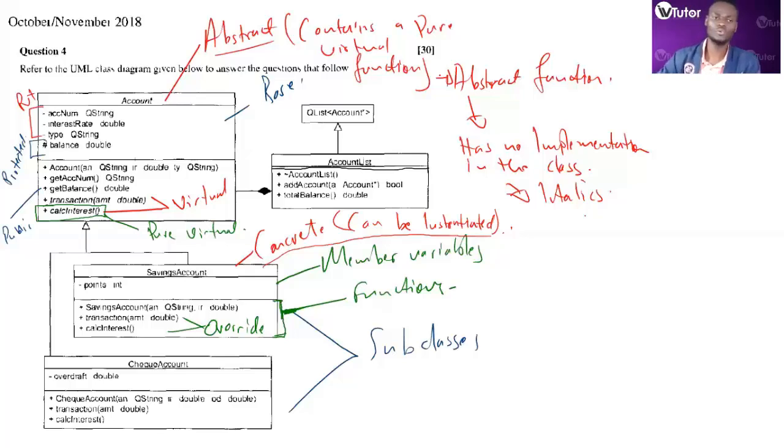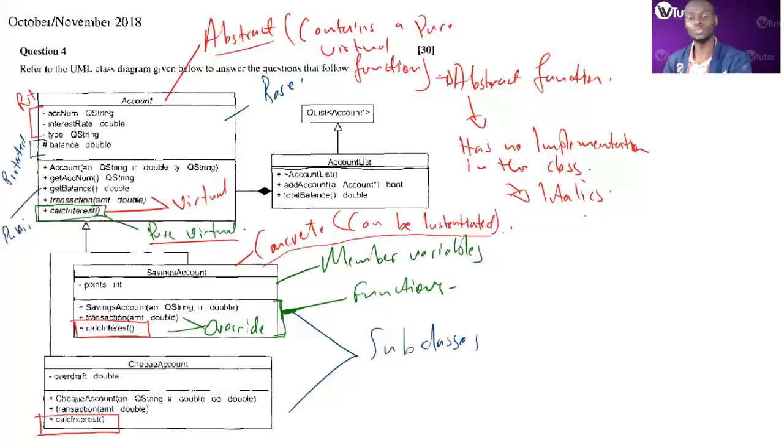We'll come back to virtual functions when we have done everything. But what I've talked about now is pure virtual functions, where the moment you've got a pure virtual function inside your base class, that function must be overridden by your subclasses and be provided with an implementation. That is the reason why you see calc interest here and calc interest here, because this one is a pure virtual function.